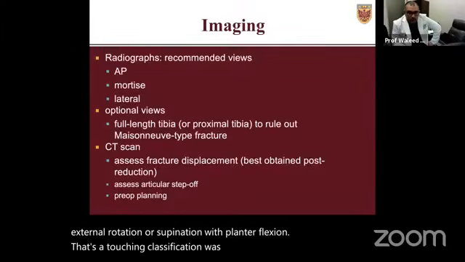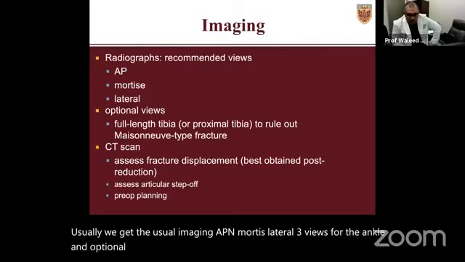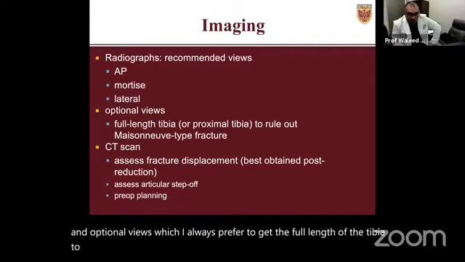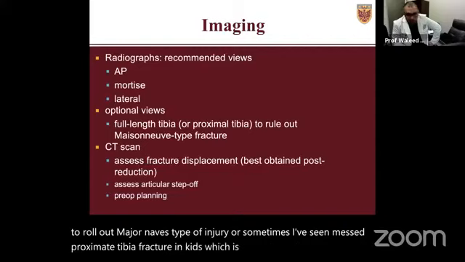Usually you get the usual imaging: AP, mortise, and lateral, 3 views for the ankle, and optional views, which I always prefer, to get the full length of the tibia to rule out a Maisonneuve type of injury. Sometimes I've seen a missed proximal tibia fracture in kids, which is very common, and we know it's common with the cause phenomenon.